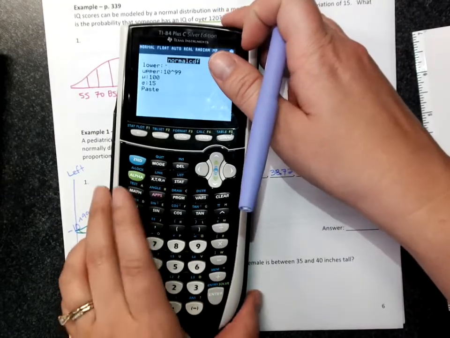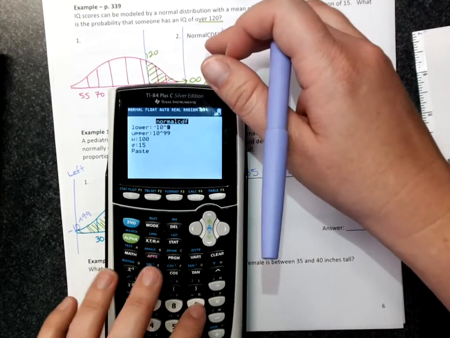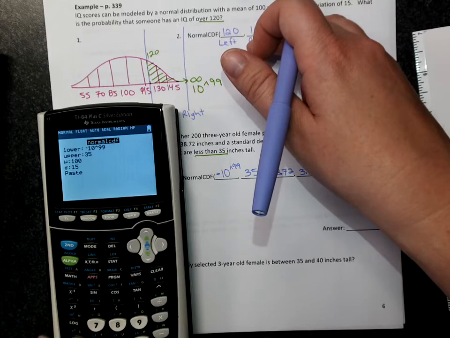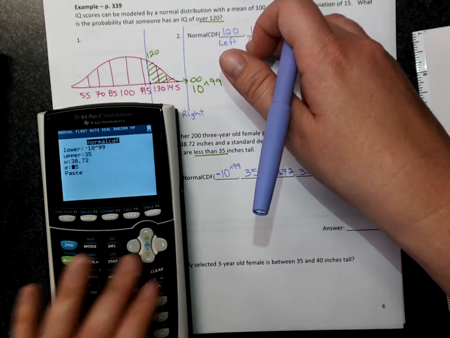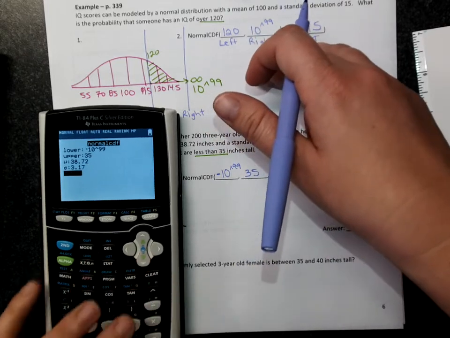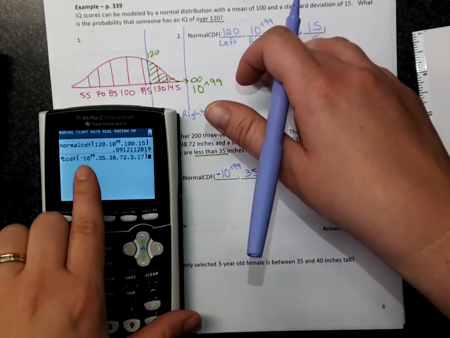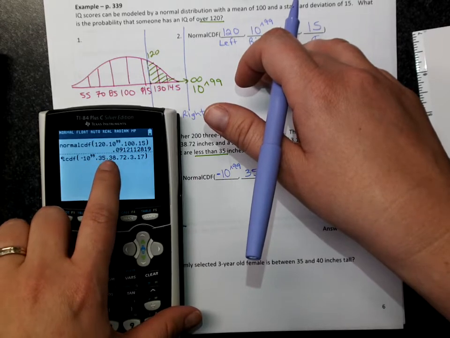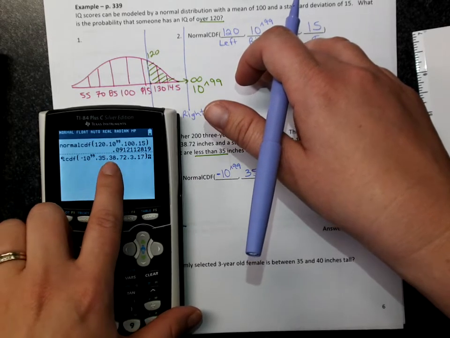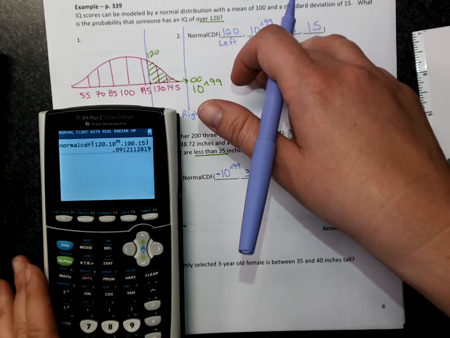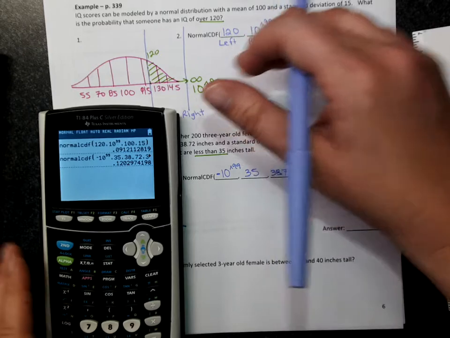So it's negative 10 to the 99th power, upper bound of 35, 38.72, 3.17. In that order, we go to paste. With the older calculator, you just type it in, negative 10 to the 99th power. 35 is our upper, 38.72 is our mean, 3.17 is our standard deviation, and we will run it.